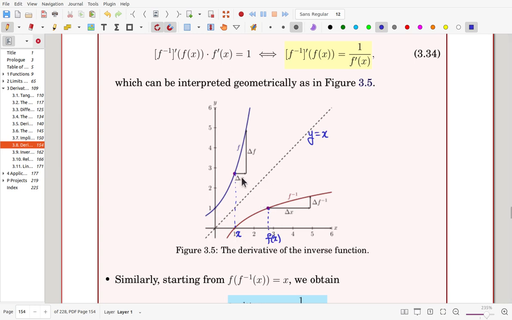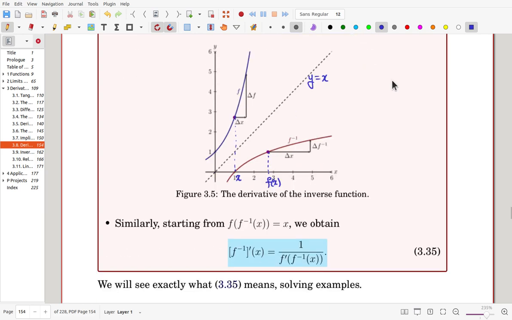So the slope at this point is the reciprocal of the slope at this point. So geometrically, we can interpret the formula.